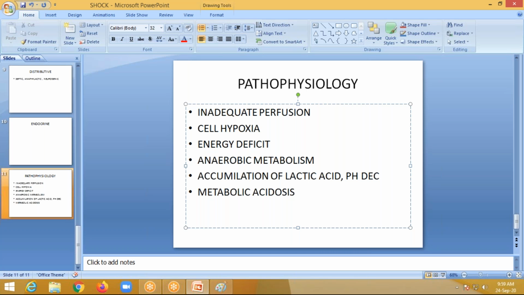In that you will know whether the patient is in metabolic acidosis, respiratory acidosis, metabolic alkalosis, or respiratory alkalosis. With that only we will come to know the probable cause. If it is metabolic acidosis, the patient may be in shock. If it is respiratory acidosis or alkalosis, the patient has difficulty in respiration, hypoventilation or hyperventilation. Like that, you will come across these topics again in medicine.